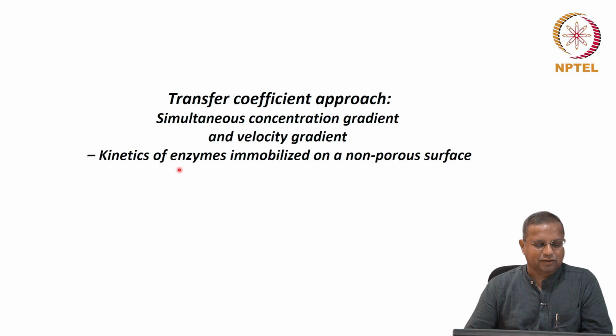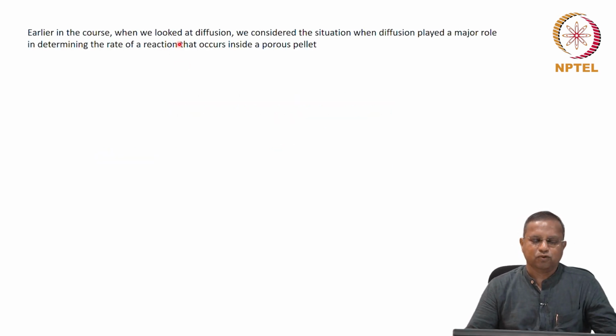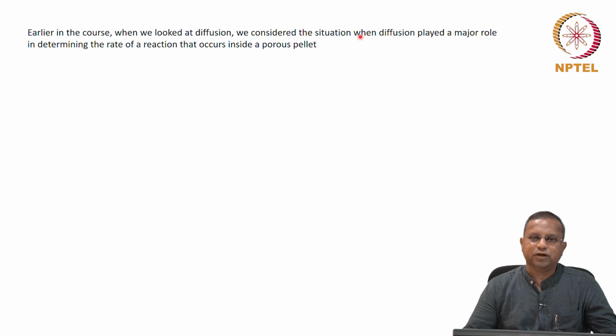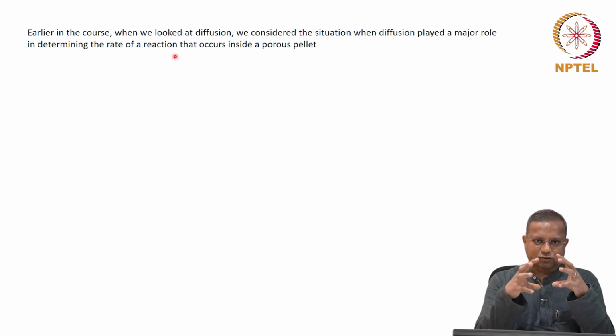Let's begin the kinetics of enzymes immobilized on a non-porous surface, the transport aspects associated with it, which impinge on the process dynamics itself. Remember earlier in the course when we looked at diffusion back in the second chapter, we considered the situation when diffusion played a major role in determining the rate of reaction. Okay. So, it was something like this.